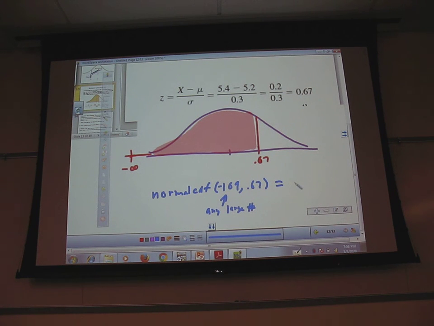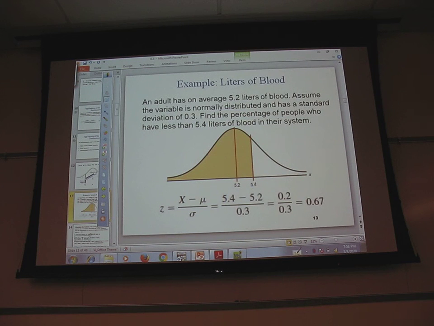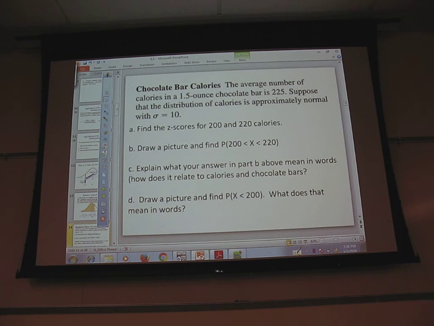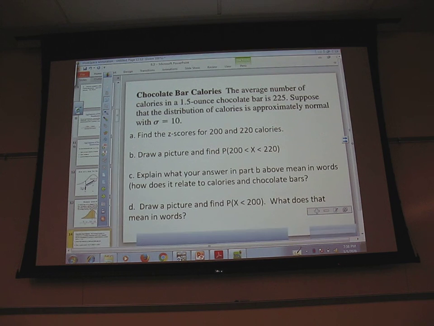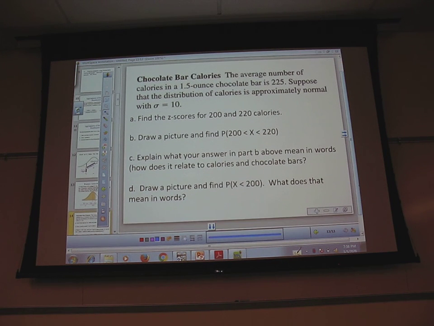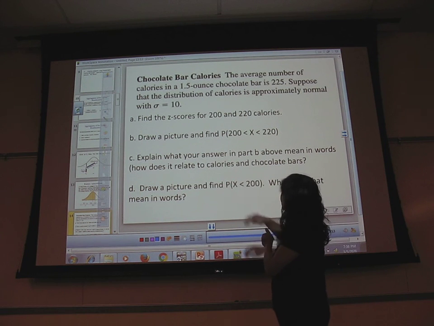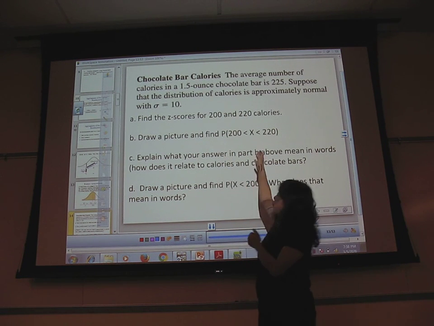What do you guys get? Anyone? No one's gotten this? Oh, sorry, this is not your problem. My bad. That was the example. So who cares what you get? This is your problem. Chocolate bar calories. Again, you're going to find the z-scores for 200 and 220.